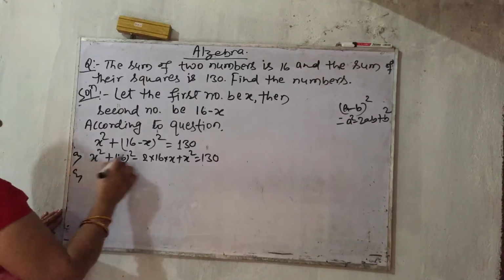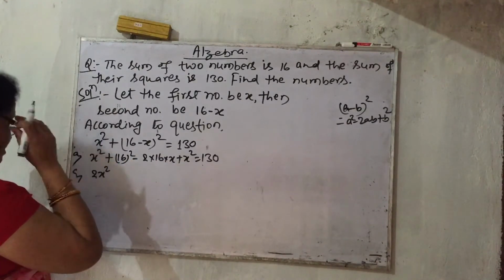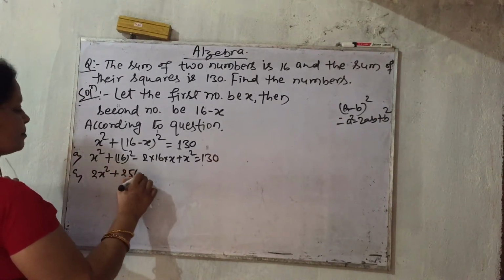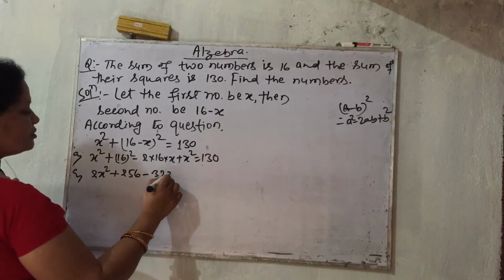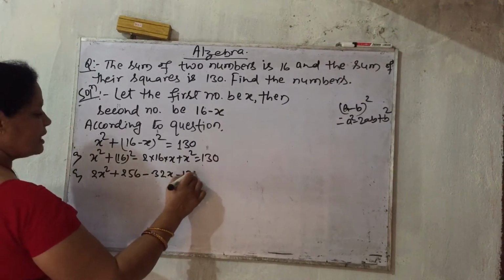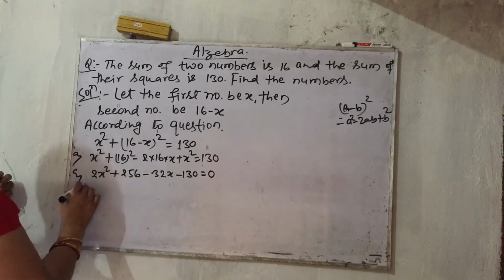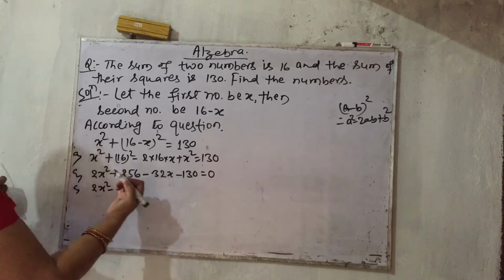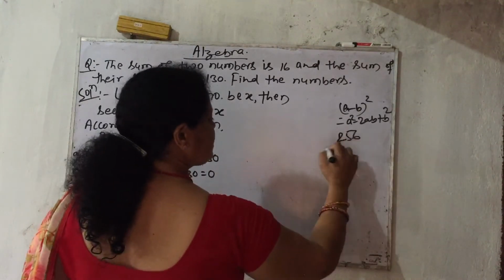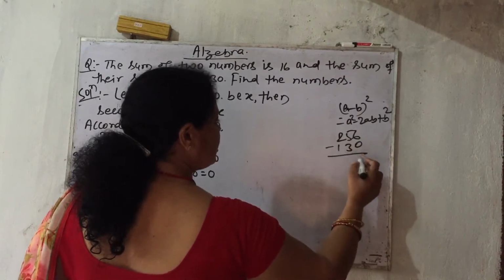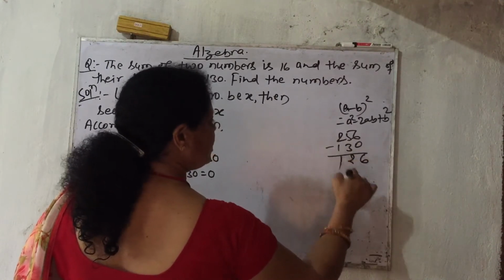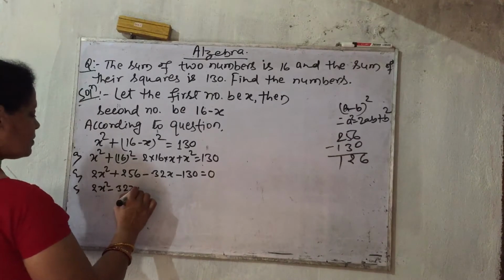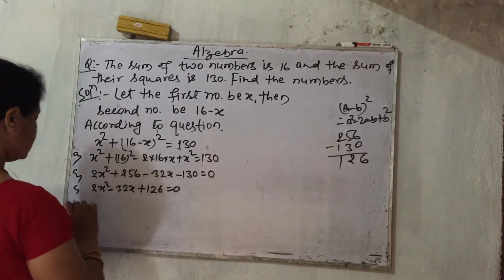Now it will be x square plus x square, which is 2x square, and 16 square, that means 256, minus 2 times 16, which is 32x, minus 130 equals 0. So 2x square minus 32x plus 256 minus 130, which is 126, equals 0.